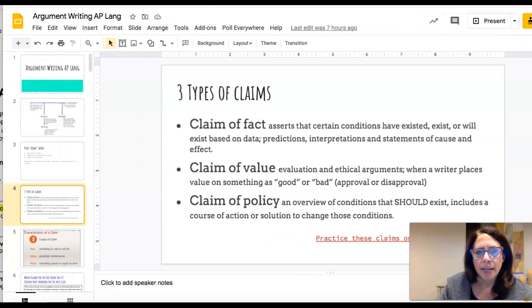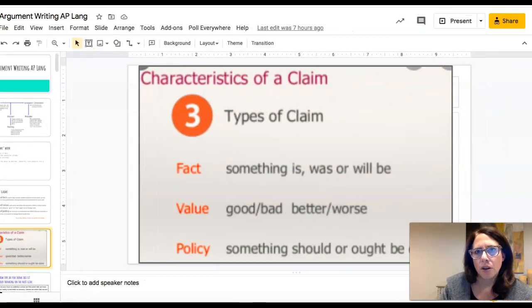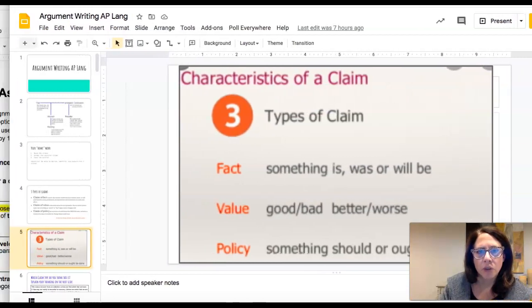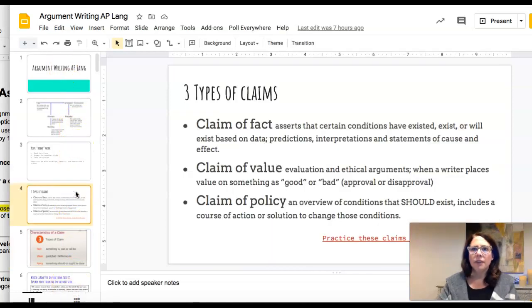So the three types of claims are fact, value, and policy. The way that I remember fact is that, yes, there has to be some data. Somewhere there has to be something that exists. It can be a prediction. It can be a statement of cause or an effect, but it has to be based in data.